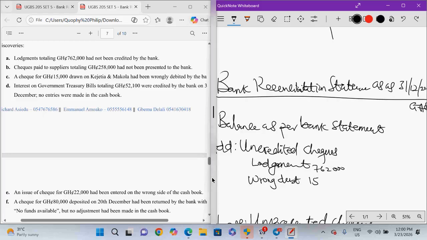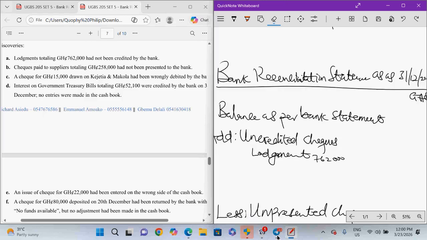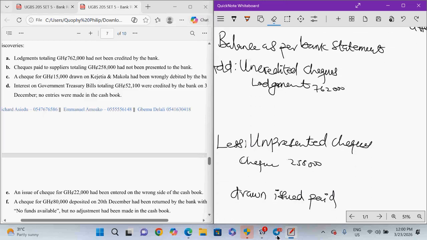Sir, please, why is the wrong debit at the uncredited side? It's supposed to be at unpresented. I'm asking why does it go there?